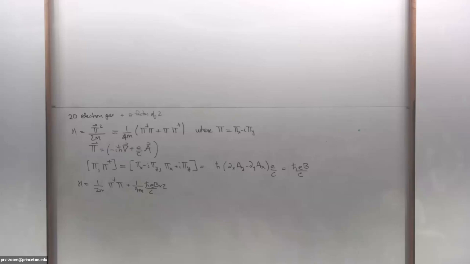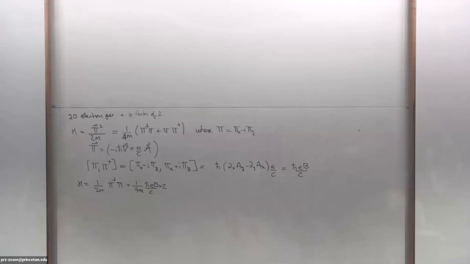So I'm going to talk in a moment about what those wave functions are that are annihilated by π. And when I come back to molybdenum ditelluride, as I said, there's no spin, right? At each valley, there's only one spin available.